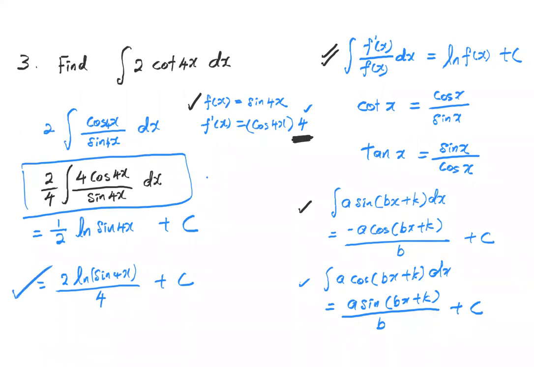Because the angle is 4 times of x, so you just divide by 4. That's it. I need to create a 4 there so that my top is f'(x). That is the reason. If you find that difficult to comprehend, you just remember you have to divide by 4. That's all.